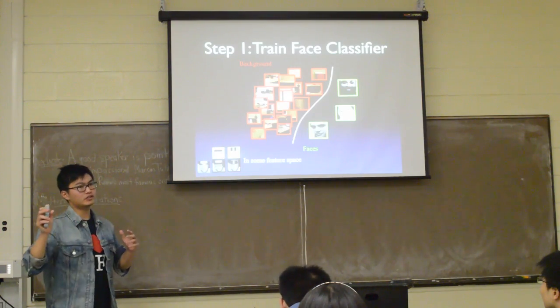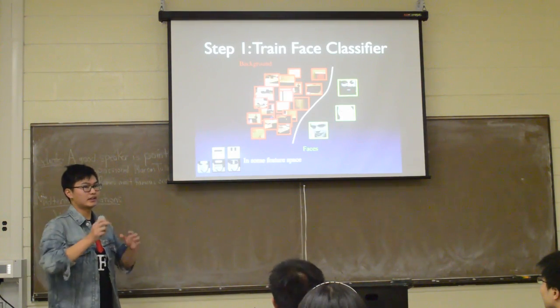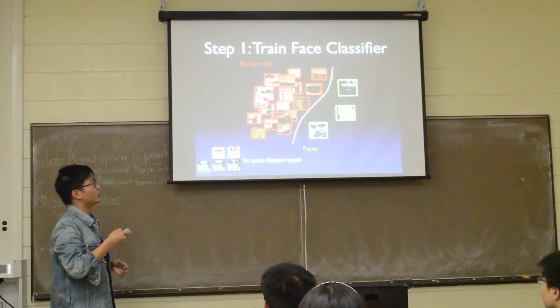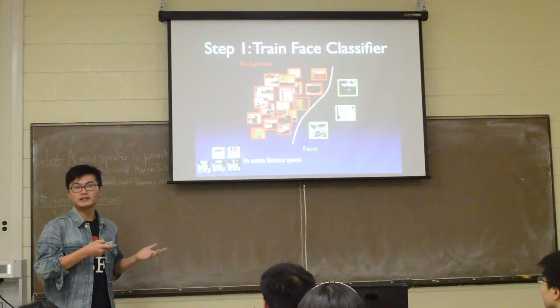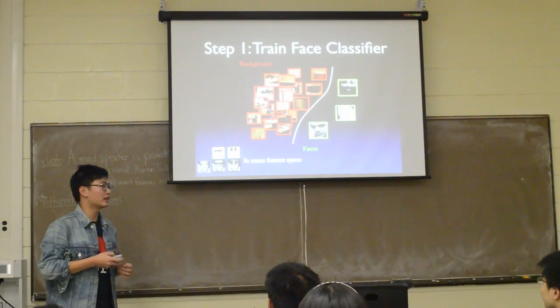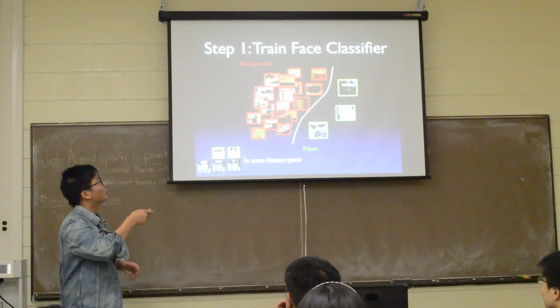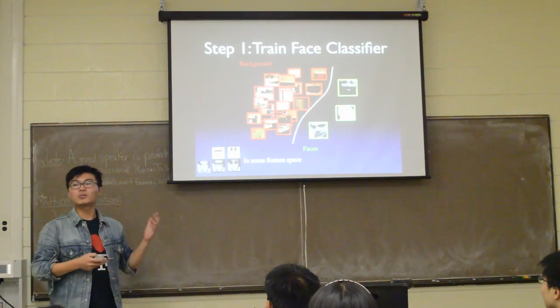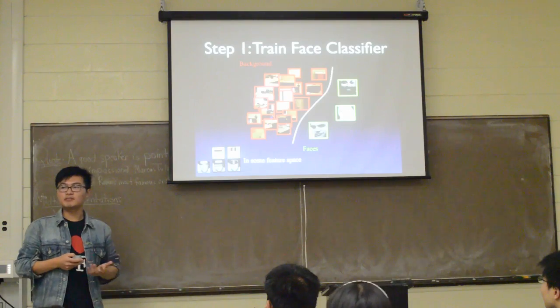It's going to be a 900-dimension feature vector, some high dimensional feature point. Then you can train a classifier, say an SVM, if you know that. You draw a line to separate these two data sets.